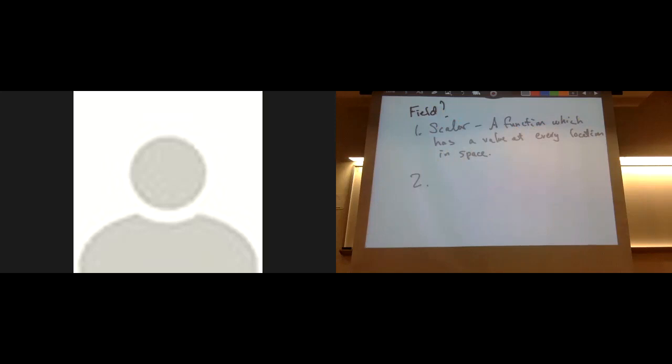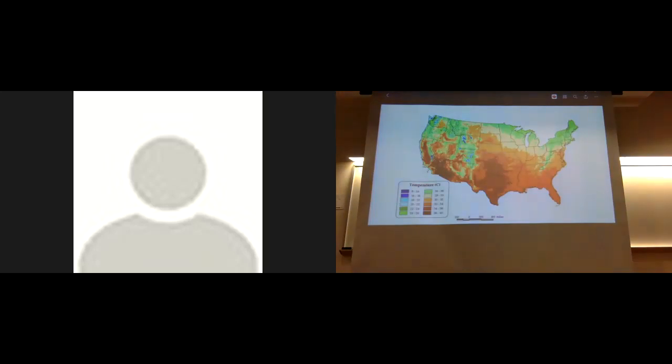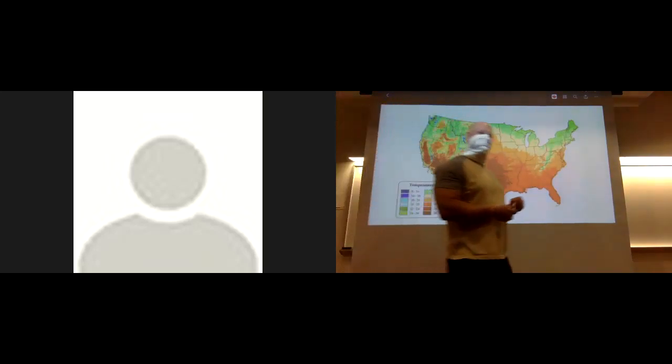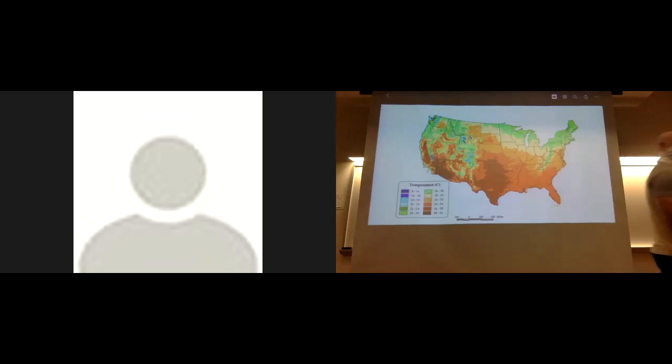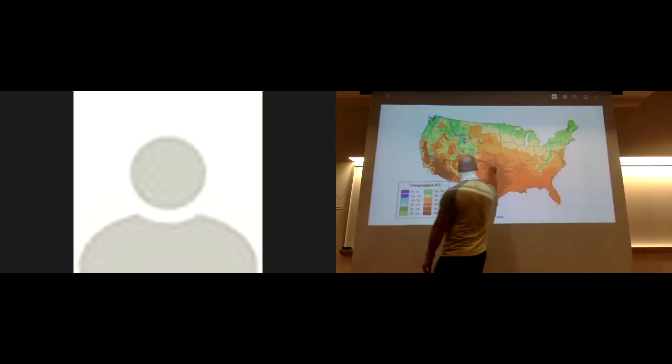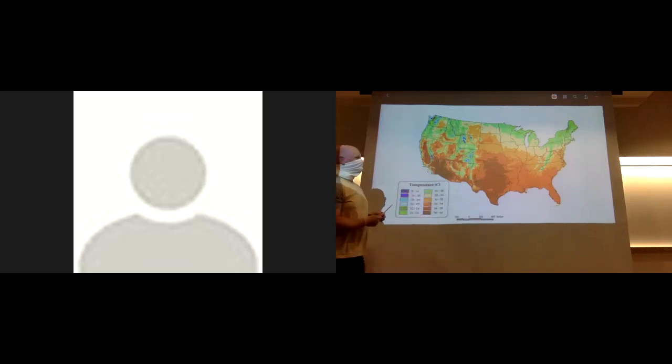So let me give you an example of a field, or at least a scalar field. A temperature map. This is a scalar field. So what a temperature map says is, here's the temperature map of the US. What this says is that every location here, this is longitude and latitude, every location then corresponds to a temperature.